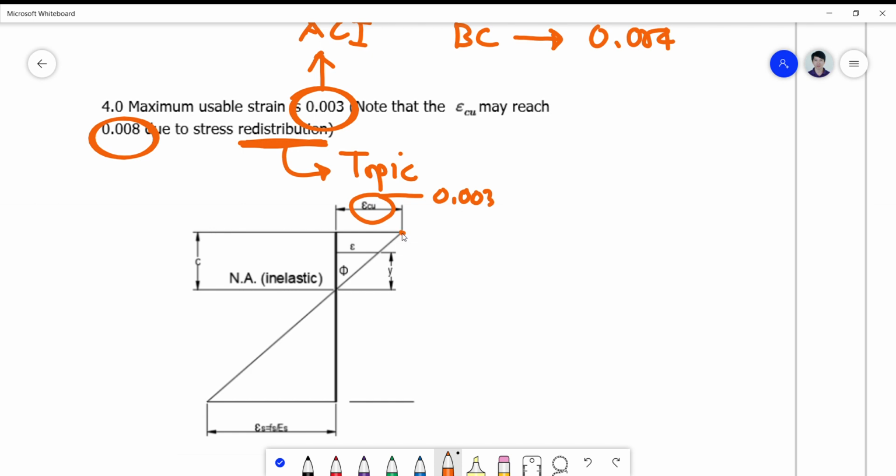This will stop gaining additional strain in terms of analysis, of course, while the location of the neutral axis will slowly get smaller and smaller until such time that this part here will crush.